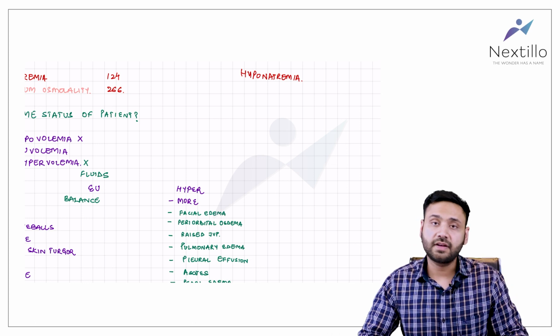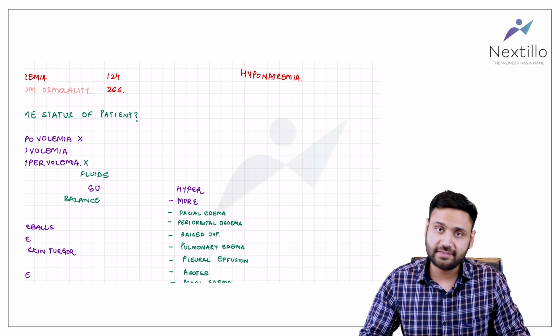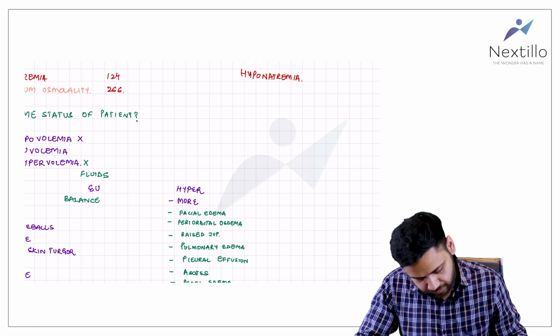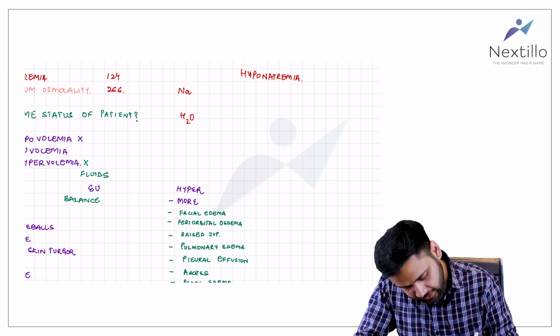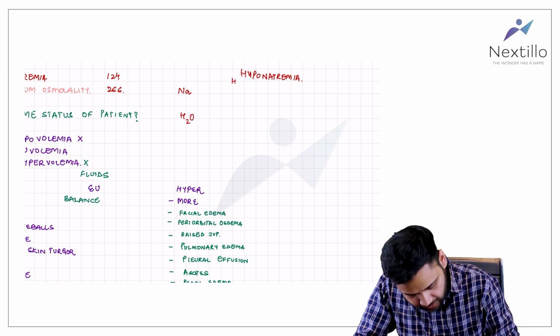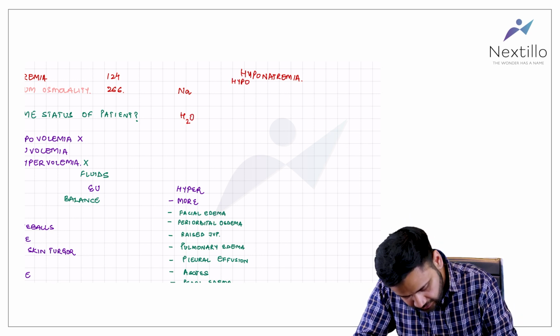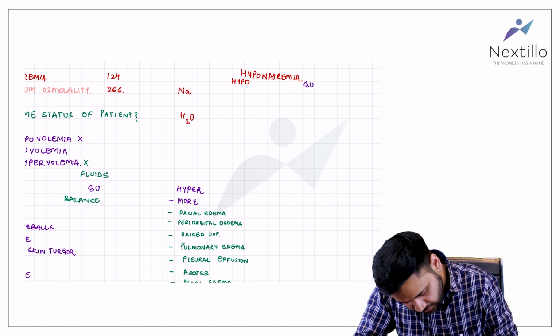Hyponatremia means the concentration of the sodium would be less in the body. So, if this is sodium and this is water, and if we label here, this is hypovolemic state, this is euvolemic state, and this is hypervolemic state.